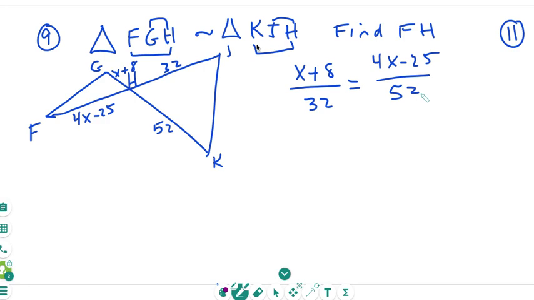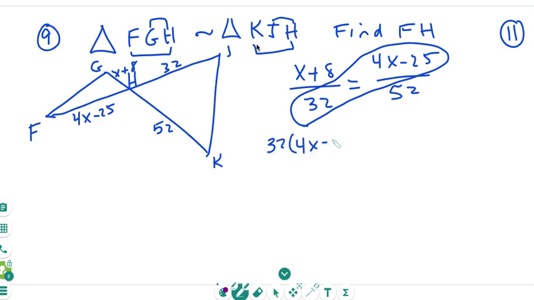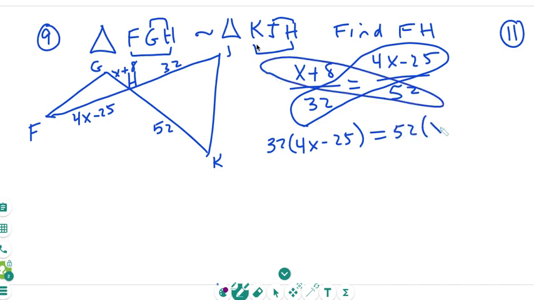So I'm going to rainbow this side first because I know my x is going to be larger. So it's going to be 32 times 4x minus 25 is equal to 52 times x plus 8. I'm going to have 128x minus 800 is equal to 52x plus 416.